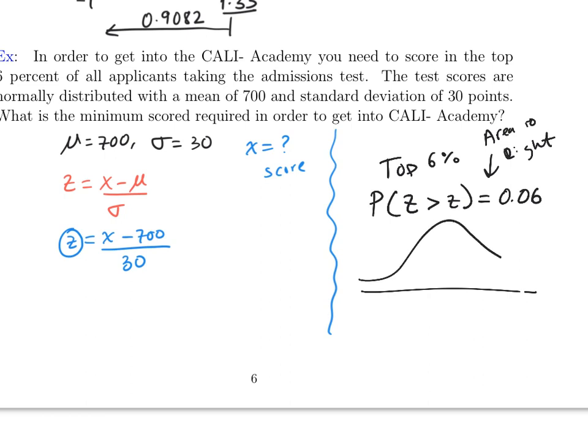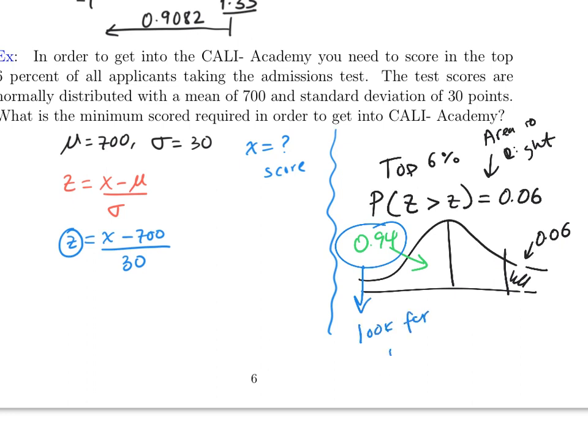We did this question already. Just check your notes. If this was 0.06, what's the area to the left? 0.94, right? And remember, this is the value you have to look for in the table. And we did this already. What was the answer to this one?